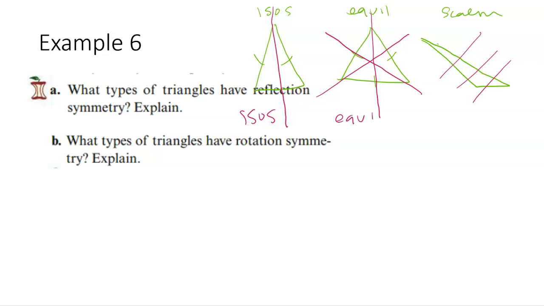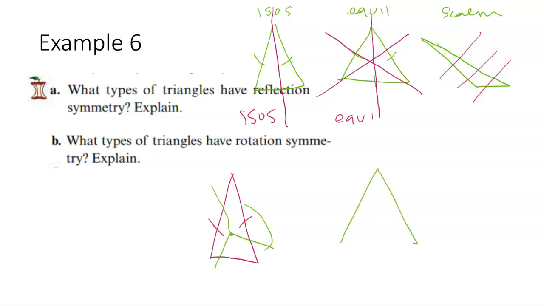So what types of triangles have rotation symmetry? Let's look at an isosceles triangle here. If I were to cut this in any way, could I rotate it? If I kind of cut it, no, there's no way to rotate.